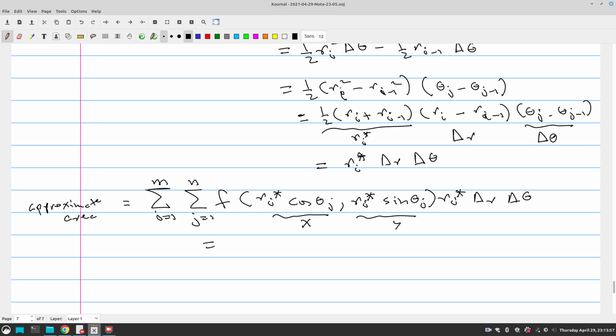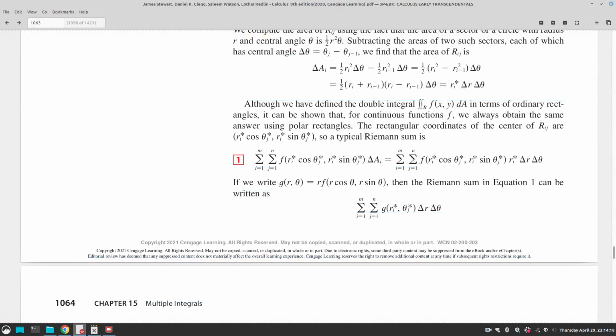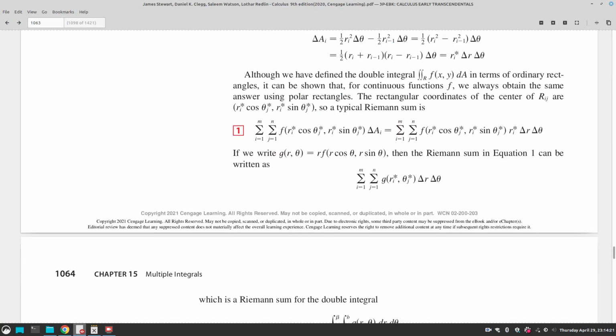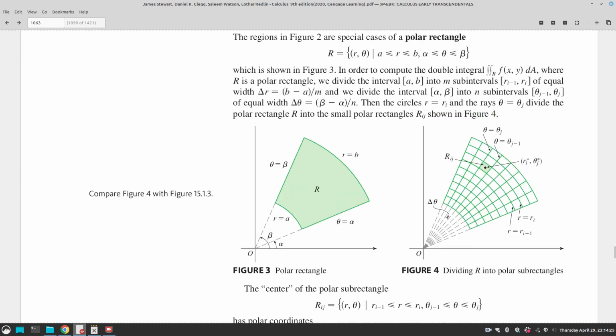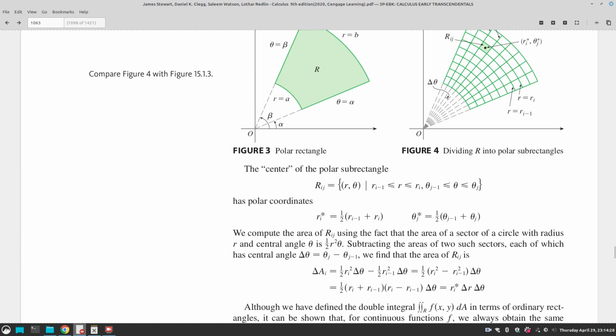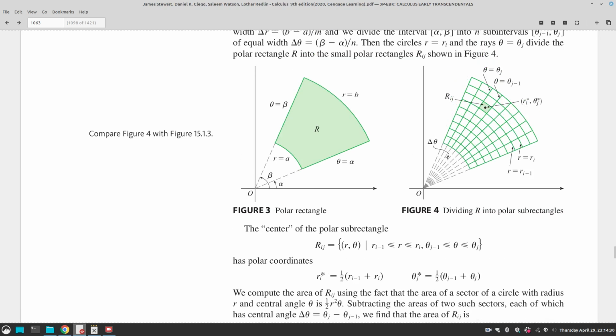Now the exact area, and by exact area I mean the exact area of this region, or of any region in polar coordinates.